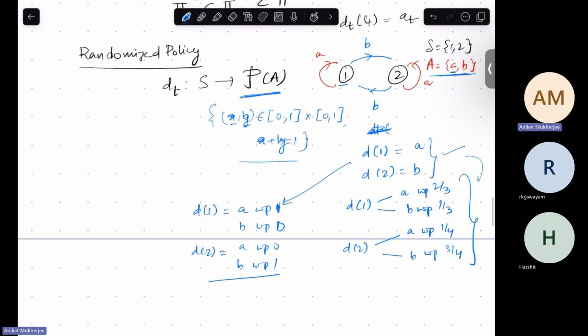I was about to write this down; you asked the question, so I'll do it down here. PA here means the set of distributions on the set of actions.